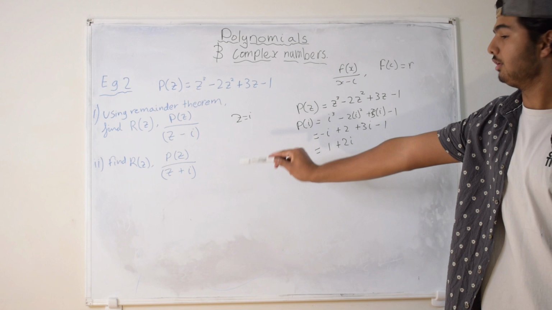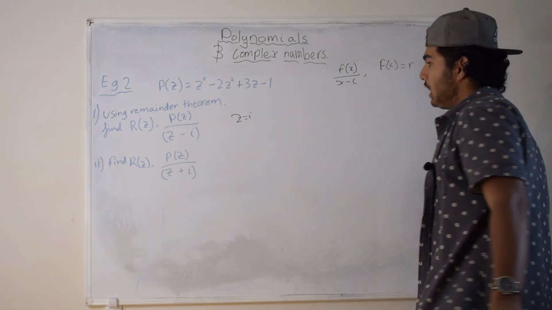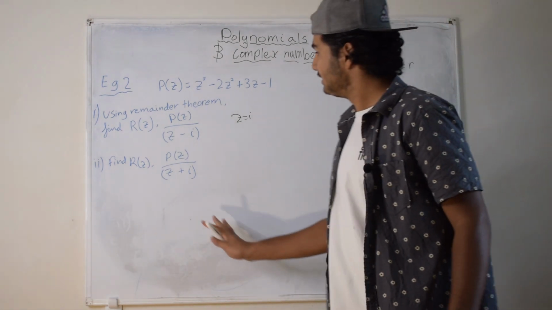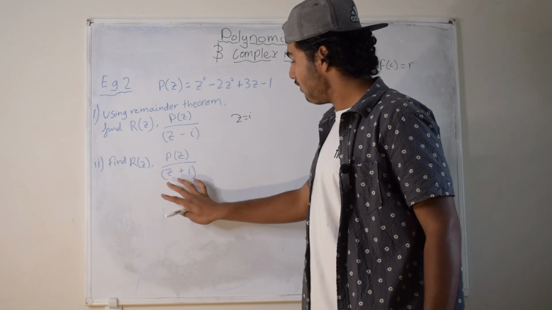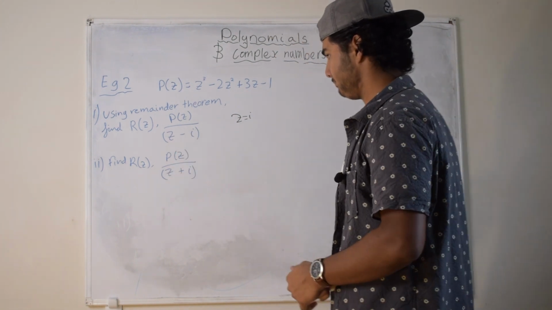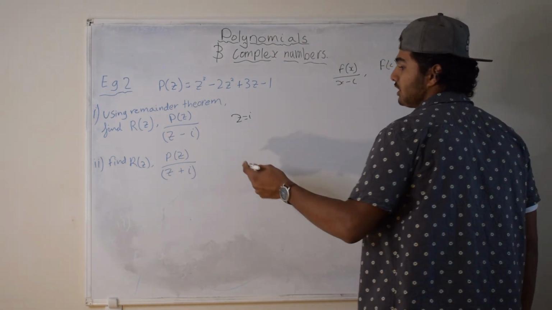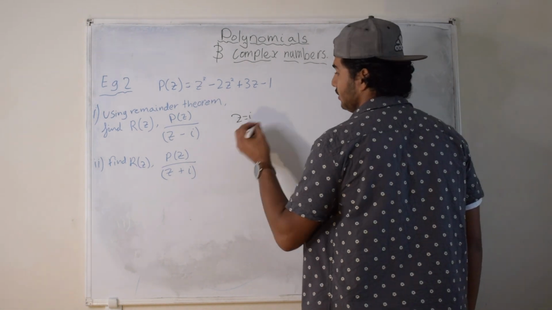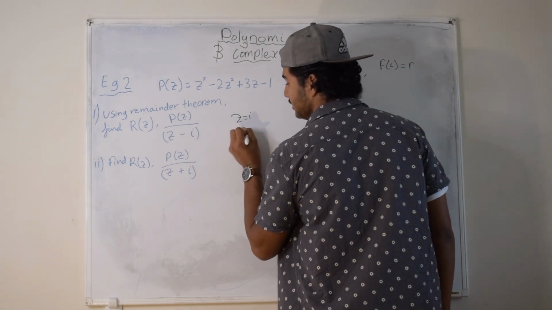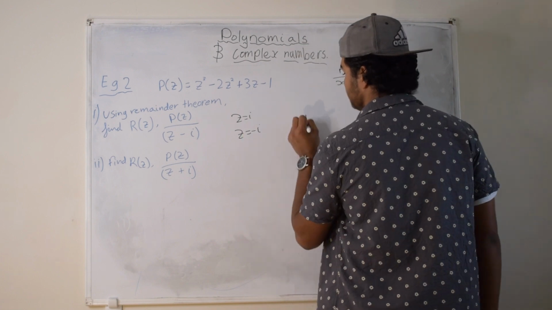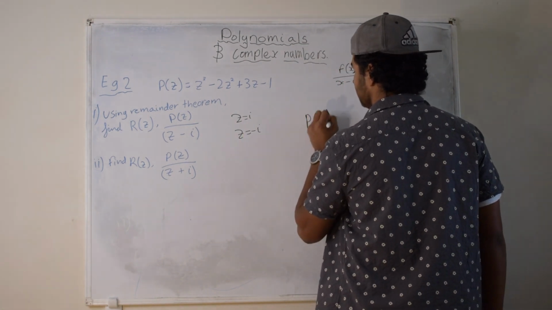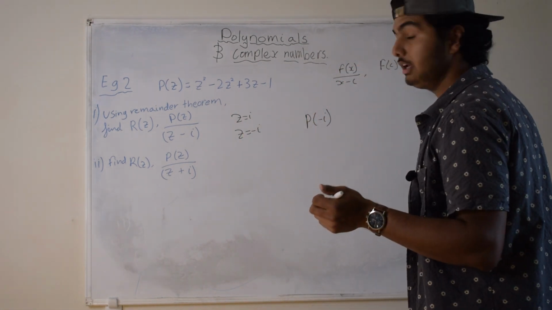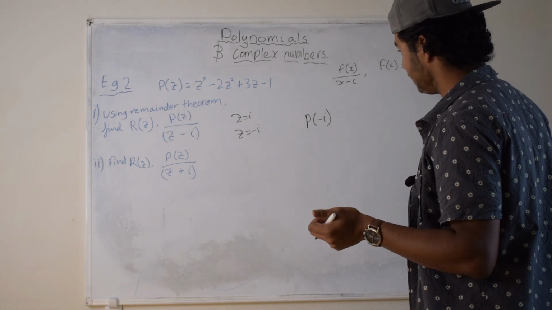Now we'll go on to part two. Part two says the same thing, but this time we're dividing it by its conjugate. So this gives me z equals negative i. So p of negative i is the conjugate of p of i, correct?